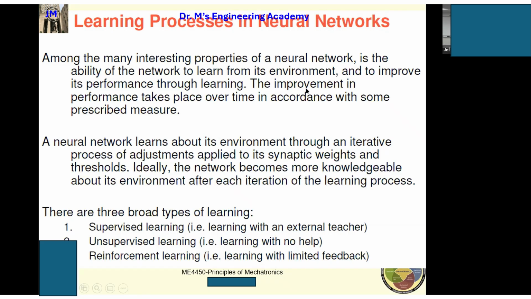The improvement in performance takes place over time in accordance with some prescribed measure. So a neural network learns about its environment through an iterative process of adjustments applied to its synaptic weights and thresholds. Ideally, the network becomes more knowledgeable about its environment after each iteration of the learning process.